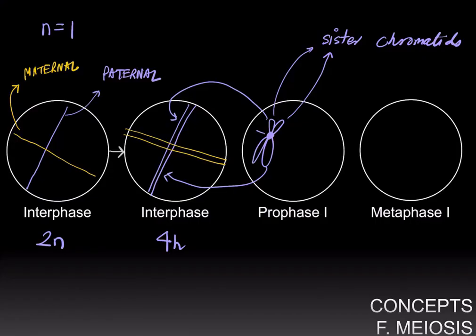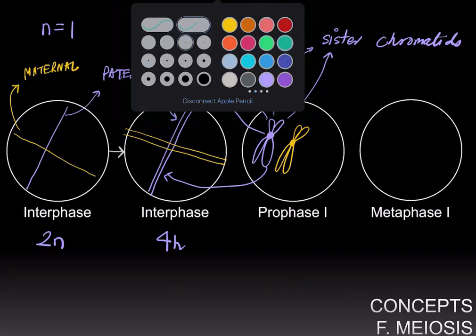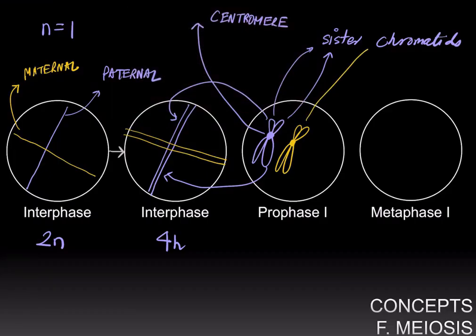This dot in the middle is the centromere, and this is where the kinetochore is going to form so that the chromosomes can be pulled by the spindle apparatus to the opposite poles of the cell during anaphase. And similar to the paternal chromatids, the maternal chromatids would also be condensed, and the 2 copies would be called sister chromatids.